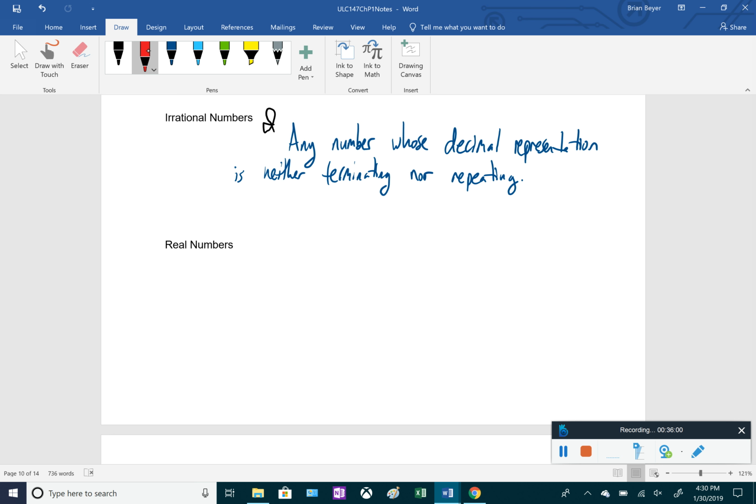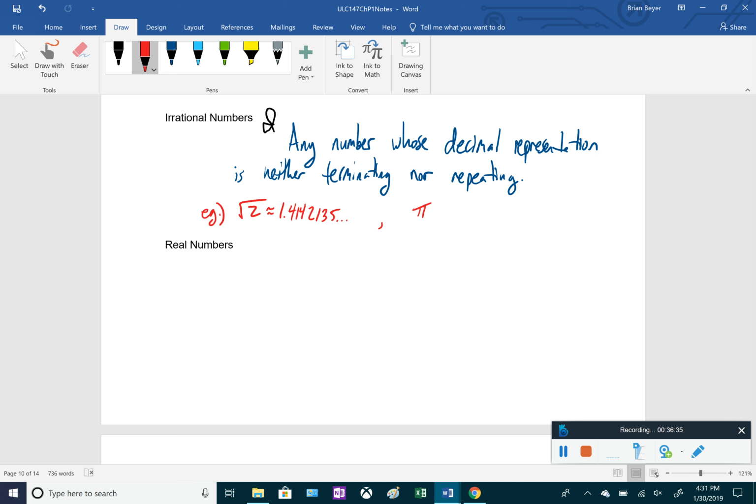So a couple commonly used examples for this. Radical 2, the square root of 2, which if you plug this in the calculator would be about 1.4142135, and it's going to keep on going forever, and it's never going to repeat itself. Another one is pi.